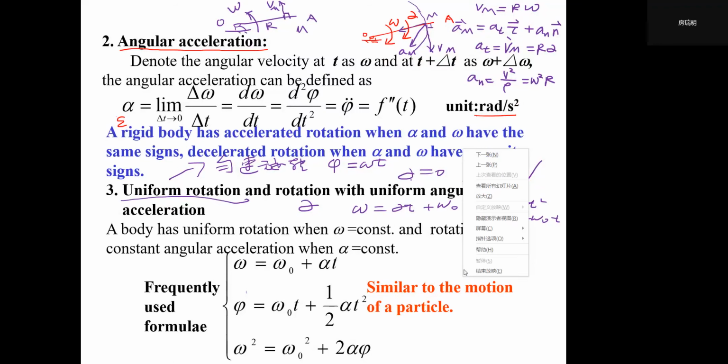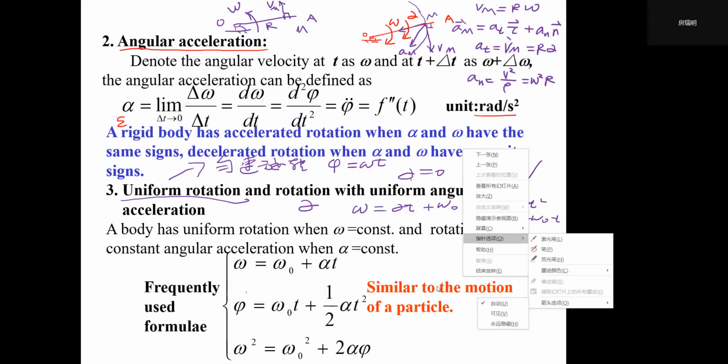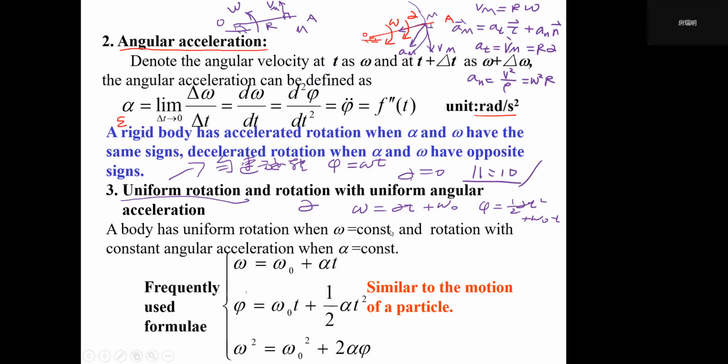So we will continue. There is so much, so I will maybe use other things. We will finish this review and then we will start the new section of this chapter. Uniform rotation and rotation with uniform angular acceleration are very commonly used.